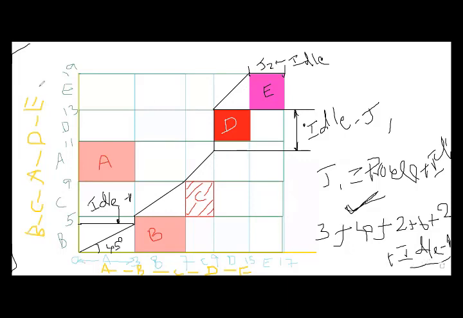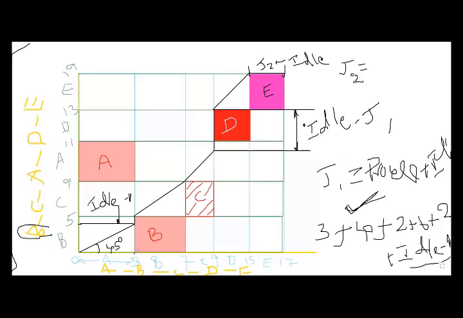Then similarly, we are going to calculate the ideal time, I mean job 2 elapsed time. Job 2 elapsed time we calculate with the help of the process times of job 2 and the ideal time. Here the process times of job 2: A, 9 to 11, how many hours are there? 2. Next, B, sorry, as per the sequence, B is first.